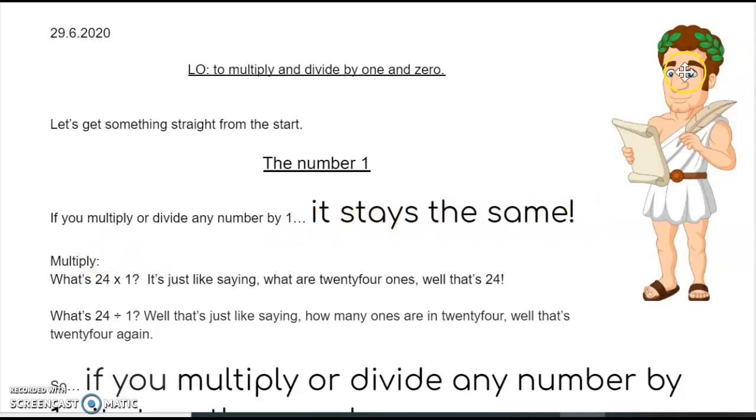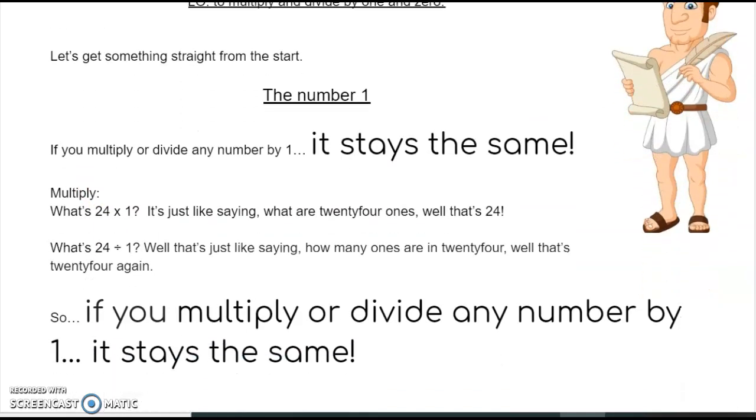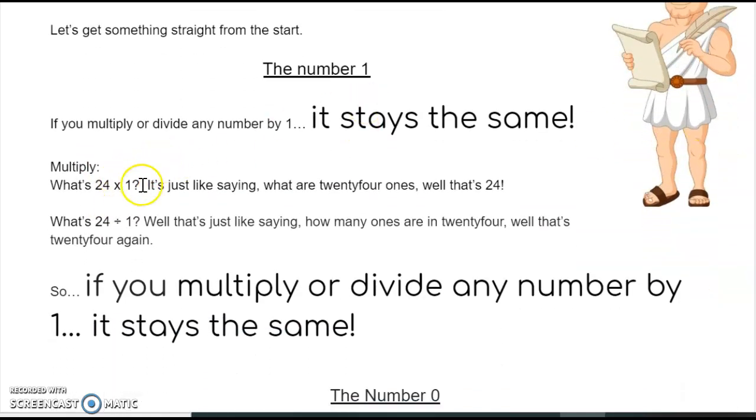So, if we're multiplying, what's 24 times 1? Well, it's just like saying, what are 24 ones? That's 24. And what's 24 divided by 1? Well, that's just like saying, how many ones are in 24?